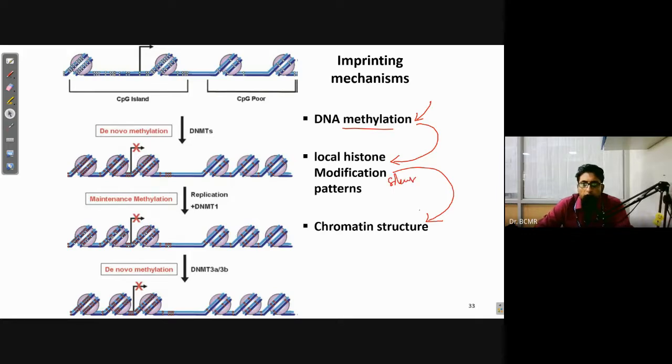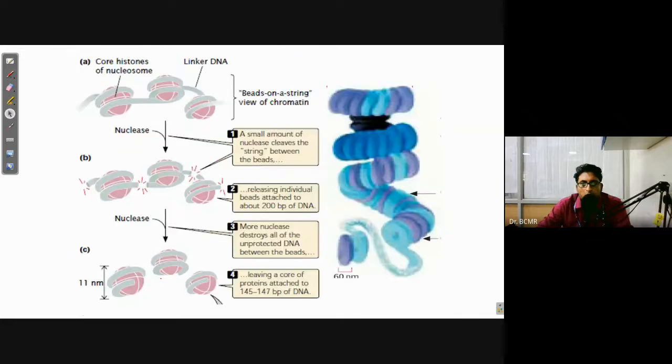And then further remodeling complexes will make the chromatin much more compact. In this part of the genome, there are 4 nucleosomes, just as a representation. By the time it completely becomes silent, you have about 6 of them, and the expression is inhibited. So the technique goes by this.